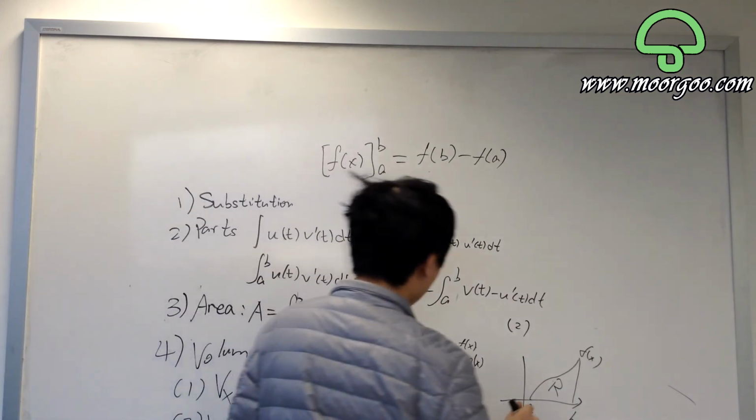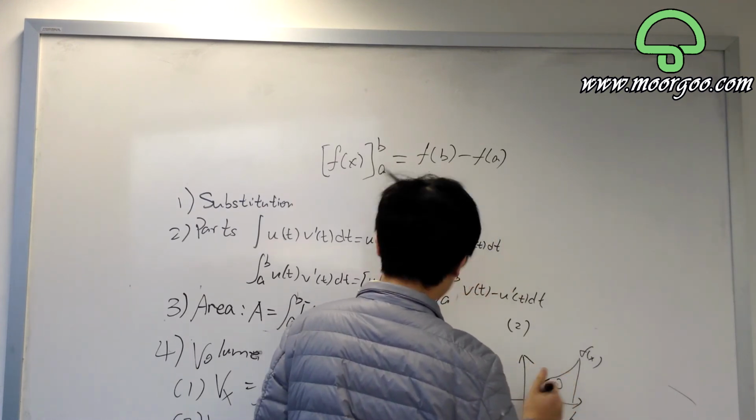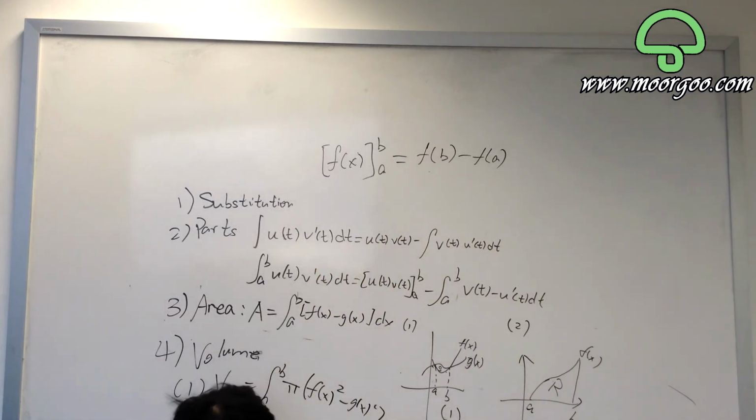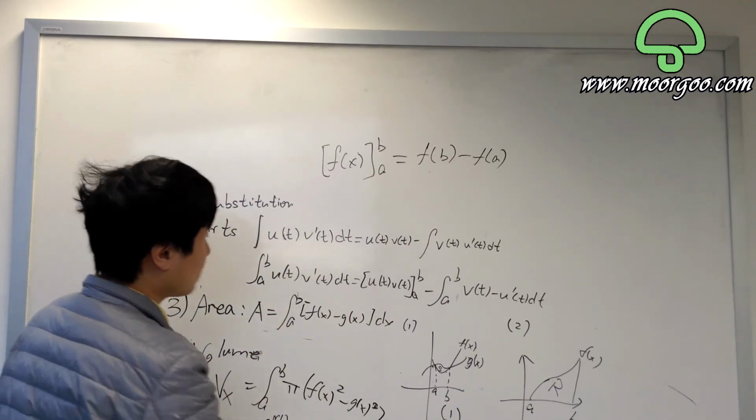And if we want to rotate R around the y-axis, we will have the integral from f of a to f of b of b squared minus. Okay, so these are the 4 more important formulas.